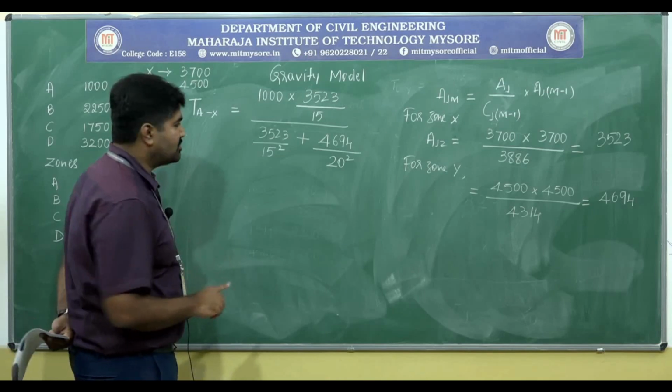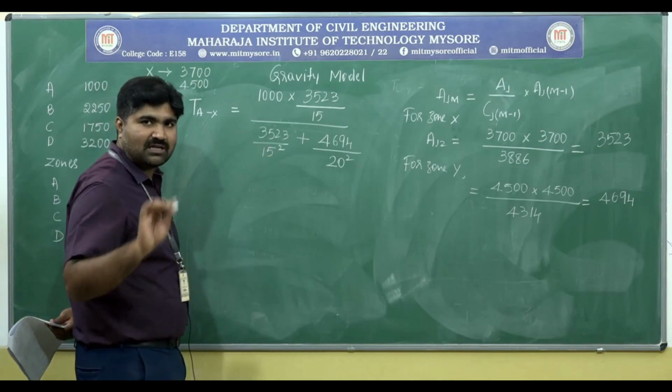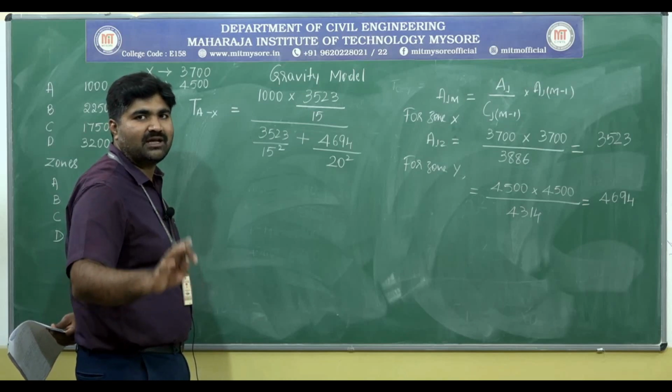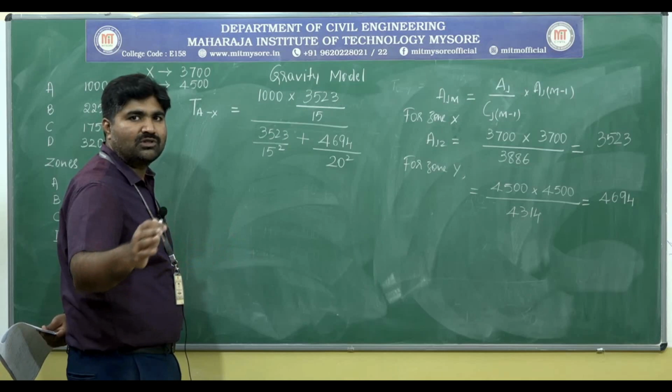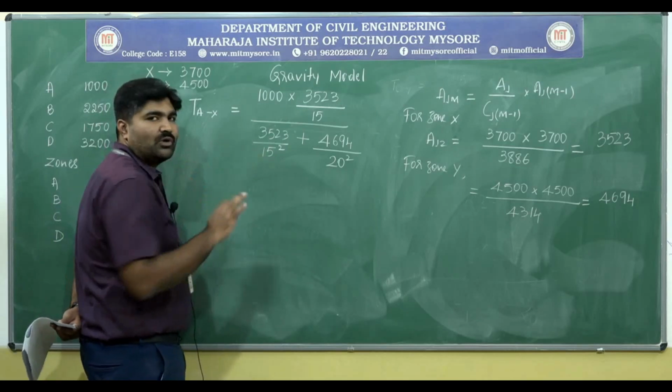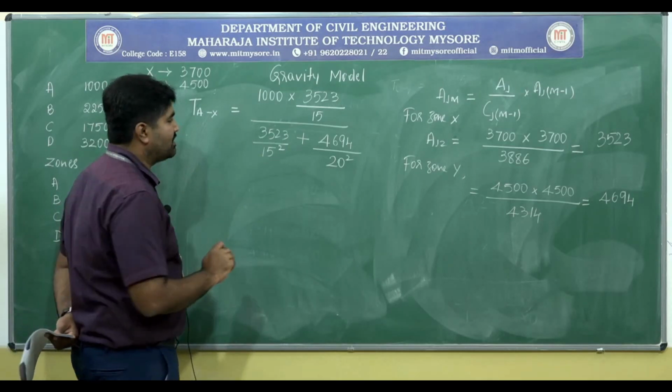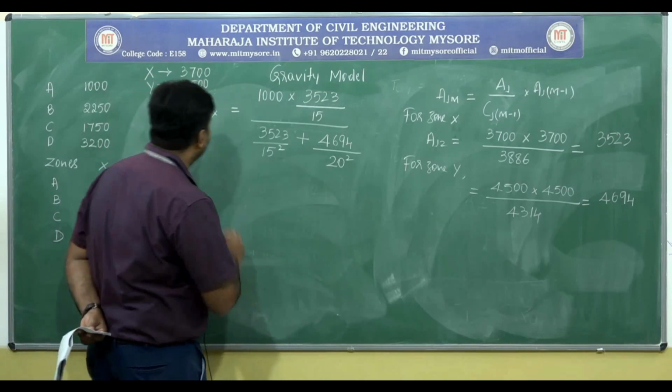It is given in the question, so n will be 2. If it is not given, you can assume it as 2. It is an exponential constant that varies from 1 to 3. We are going to assume 2. If it is given in the question, take that value itself.